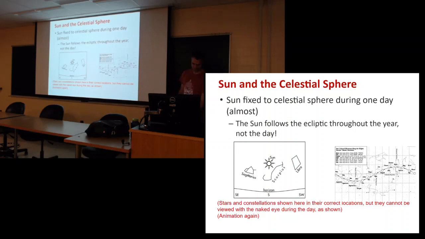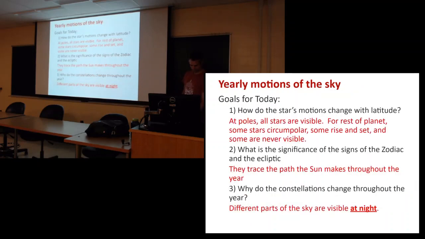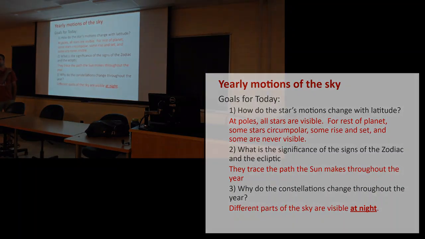And we've got some little demos, etc. The important thing here is that different constellations are visible at different times of the year because the sun passes through different parts of the sky. Whatever part of the sky that the sun is passing through is going to be invisible to the naked eye, but of course still visible to a radio telescope.